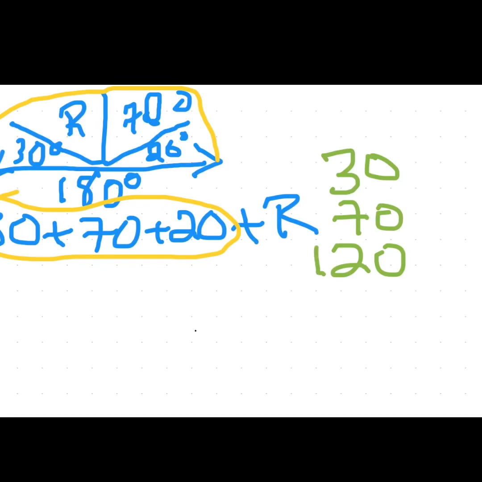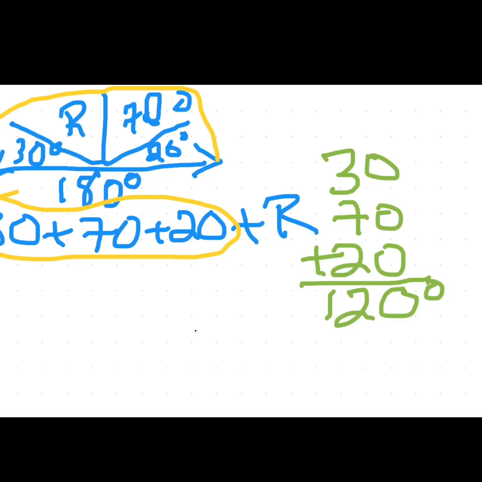We're going to add them together. I know many of you can do it in your head, but we like to write it out just to be careful. Don't want to make silly mistakes. Alright, 0 plus 0 plus 0 is 0. 3 plus 7 is 10. Plus 2 is 12. So that makes 120 degrees.